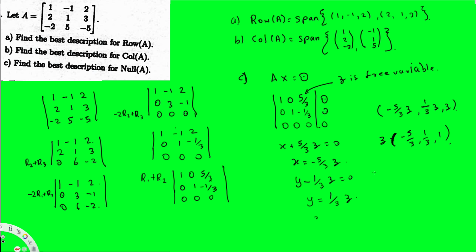And finally, I have to write this as the null space of A is equal to the span of. When I write the span, I have to remove this z because z can be any real number. We shouldn't put that, because if I put that, it means infinitely many solutions. We want the one simple solution. So in this case, the null space is going to be the span of minus 5 over 3, comma, 1 over 3, comma, 1. So that's the final answer for this question.